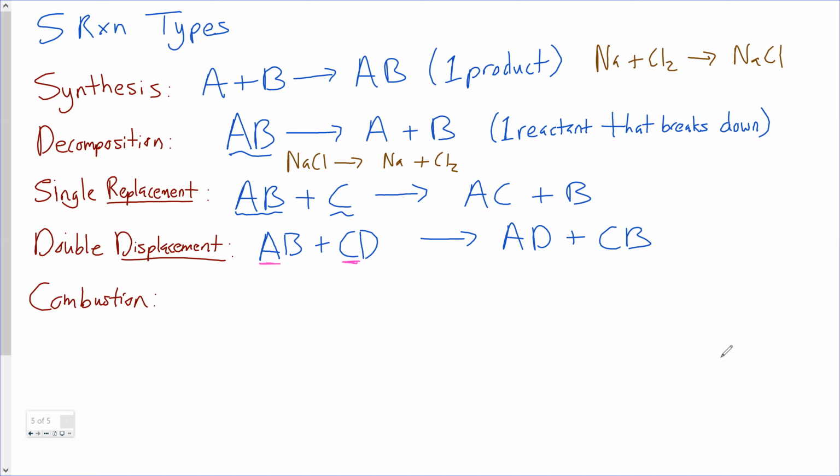All right, the last one is combustion, okay? Combustion is the hardest to balance, but it's the easiest to recognize. This is what combustion always looks like. Combustion will always be literally like, and these are elements this time, not letters, carbon with some number down here and hydrogen with some number, plus O2.